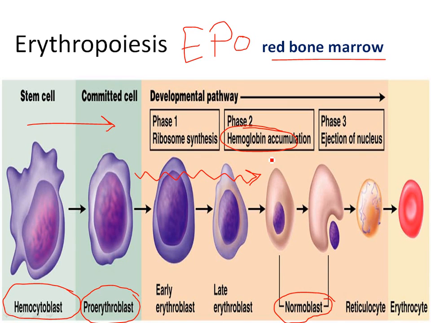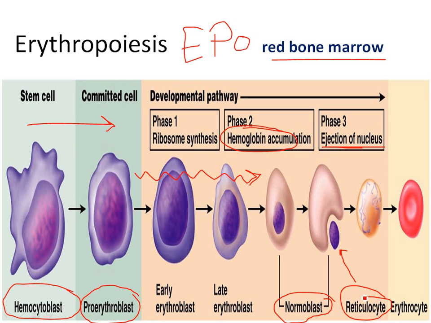So it's going to have to make all the big enzyme proteins and structural proteins it needs now, and it's going to have to make all the hemoglobin it's going to need now. When it's done accumulating all of those molecules, it actually ejects or spits out its nucleus. You can see it right there. Once it ejects its nucleus, it becomes a reticulocyte.